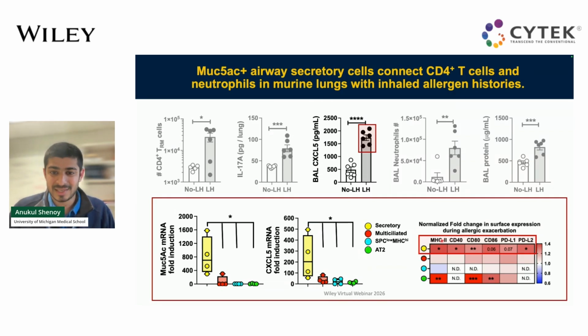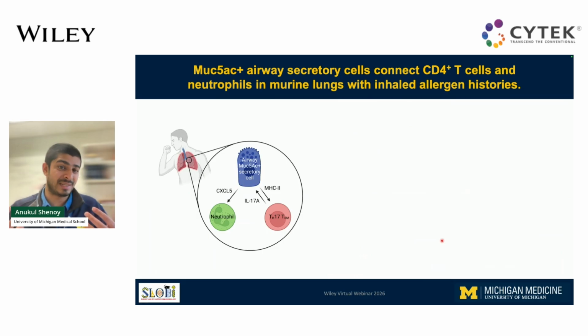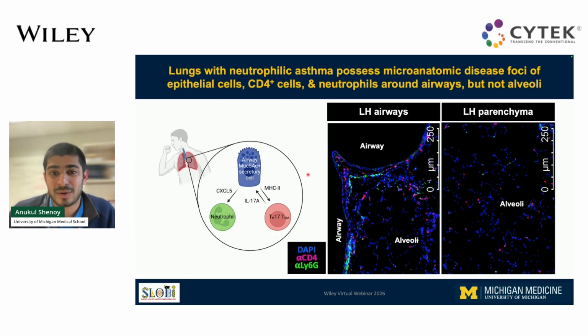So what this suggests to us is, at least in an asthmatic lung, there are these micro niches that are essentially orchestrated by these mucus-producing cells that, while they're producing mucus and causing asthma, produce CXCL5 to call for neutrophils and talk to Th17 TRM cells to cause IL-17-driven inflammation. To see if this is indeed the case, we did microscopy on these lungs.